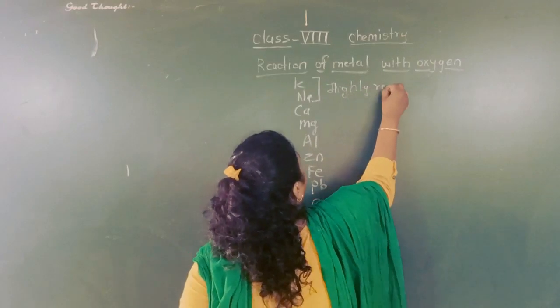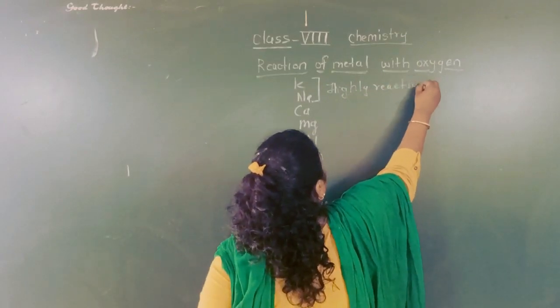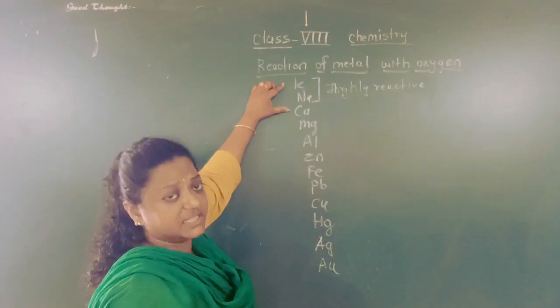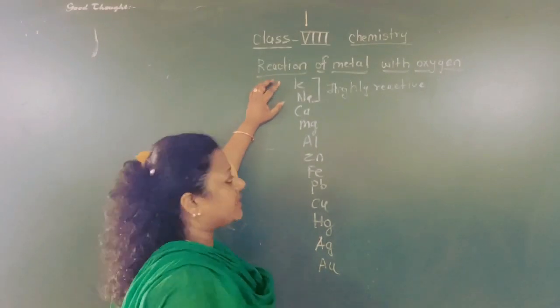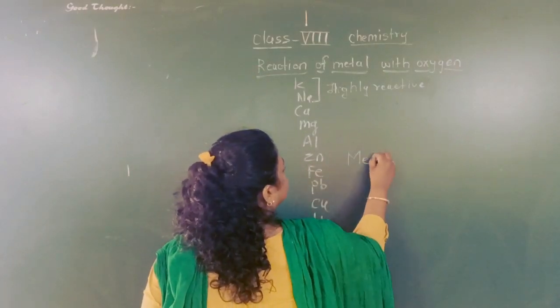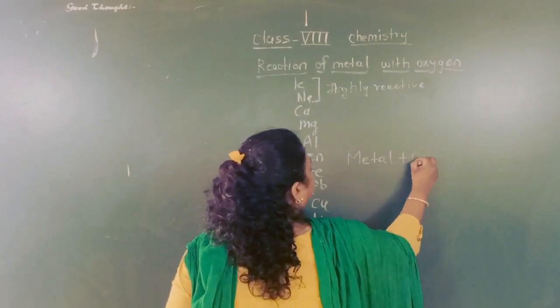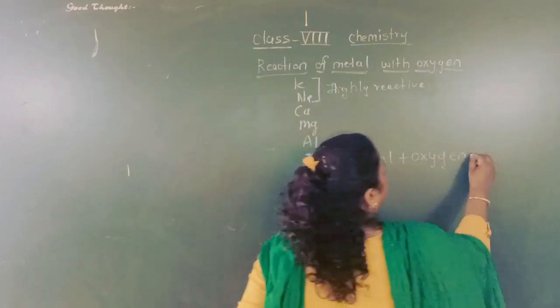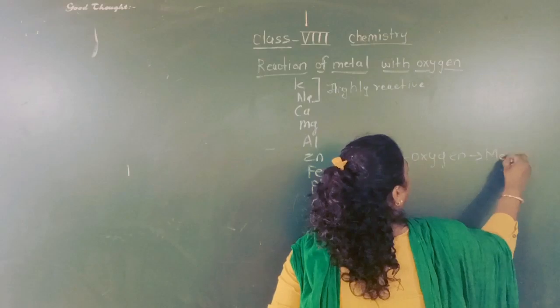These are highly reactive metals, right students? As they are highly reactive, when they react with oxygen, they form, and first I would like to tell you a very important thing. When metals react with atmospheric oxygen, they form metal oxides.